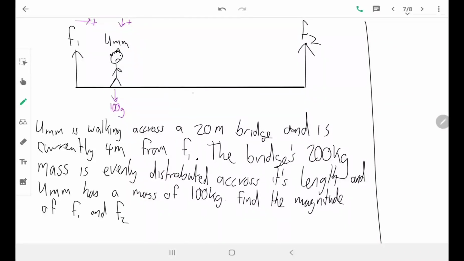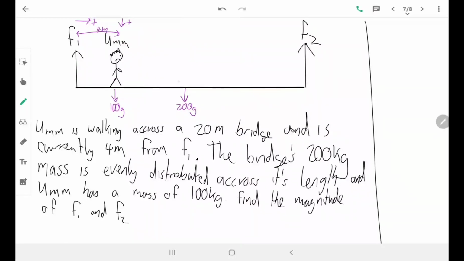We also have the bridge's mass. So the bridge's mass is 200 kilograms, and therefore its weight is 200G. And we're going to assume that the mass of the bridge is at the center of the bridge, because it's evenly distributed across the whole bridge. Now, from him to F1 is 4 meters.